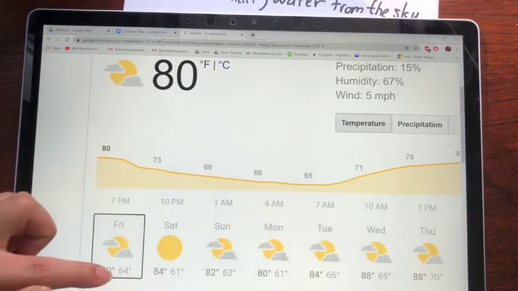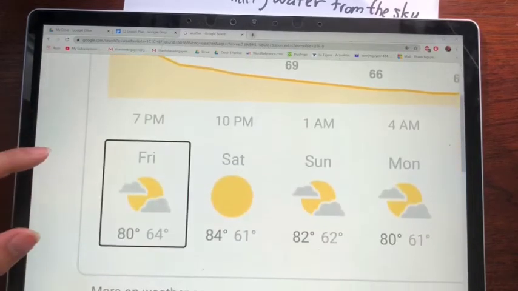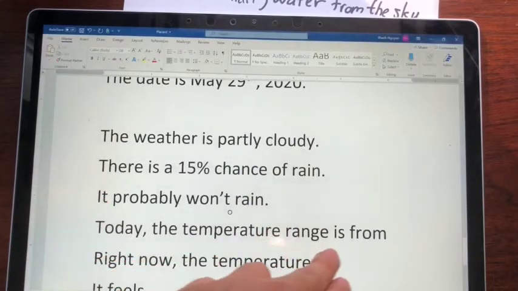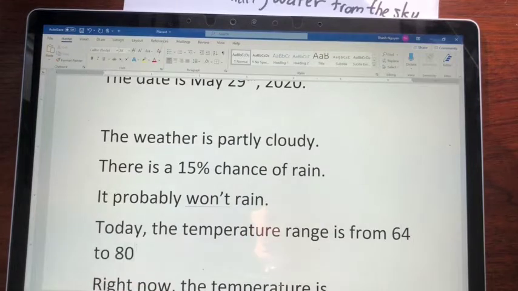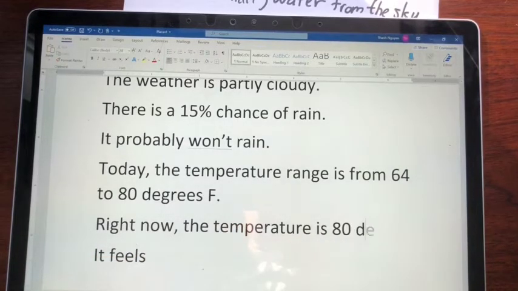Today, the low temperature is 64 degrees and the high temperature is 80 degrees. So today, the temperature range is from 64 to 80 degrees. Right now, the temperature is 80 degrees.